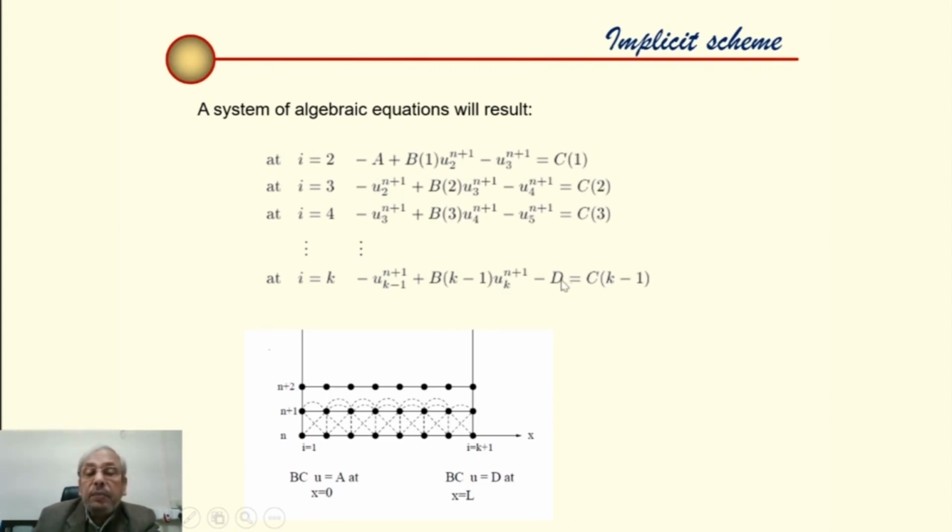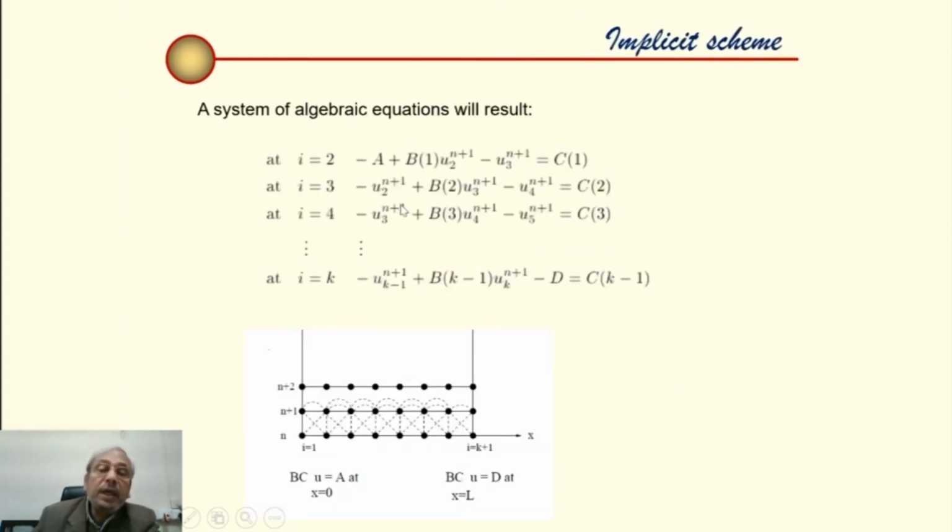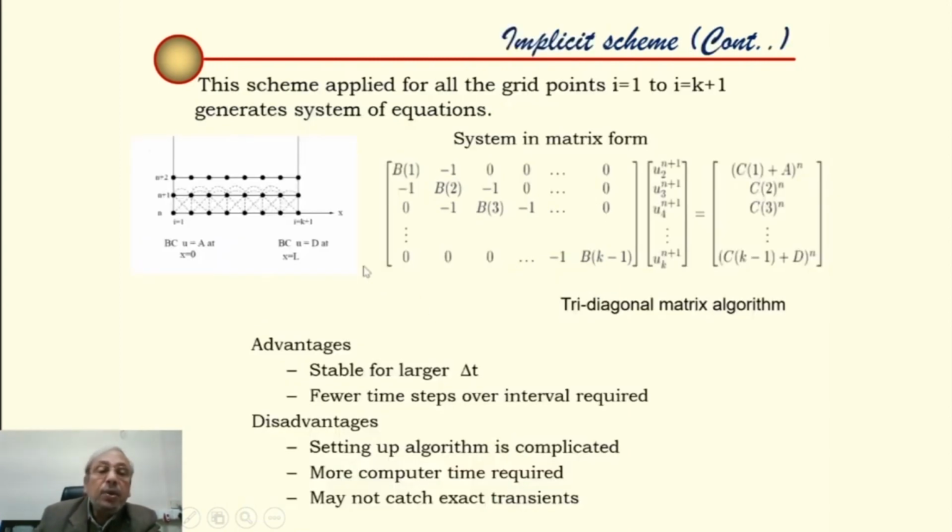So the two end points are represented by the boundary conditions, and the entire right hand side consists of known quantities at the nth level. So we can rearrange and write a system of algebraic equations, which can now be formulated in this way.